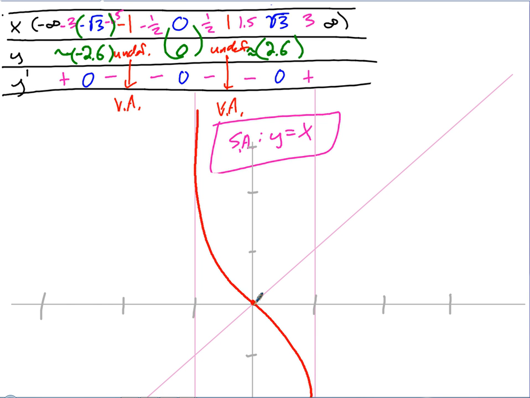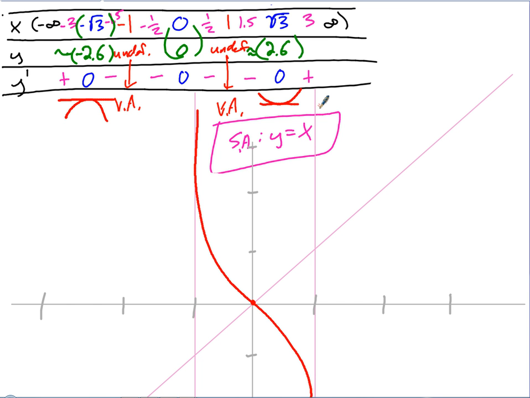Okay, so what about the edges? What's this guy right here? Concave down. So it's going to be increasing to decreasing, right? So it's going to look like that. This goes decreasing to increasing, so it's the other way around, right?